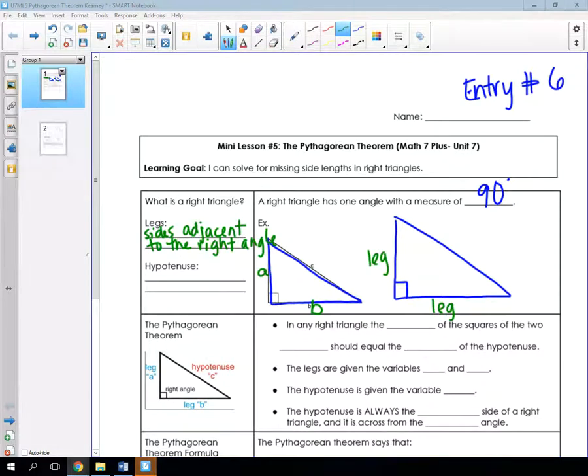Across or opposite from the right angle, you have something called the hypotenuse. The hypotenuse is the side that's opposite from the right angle.